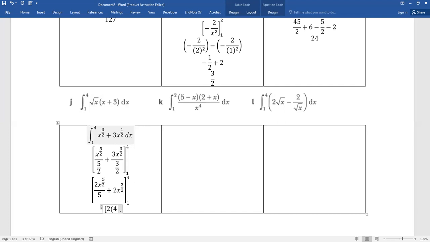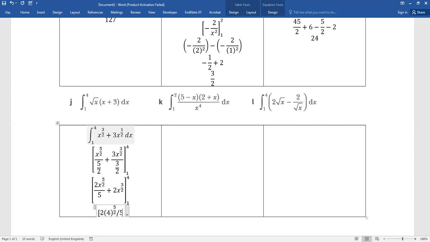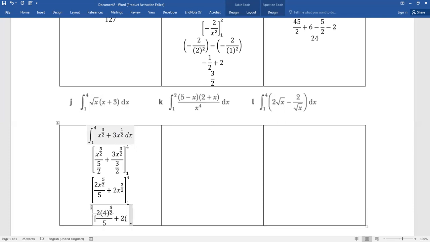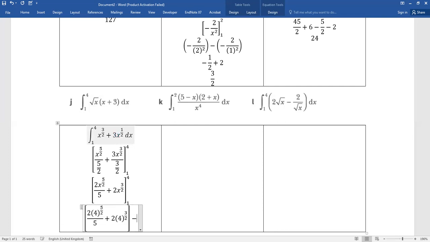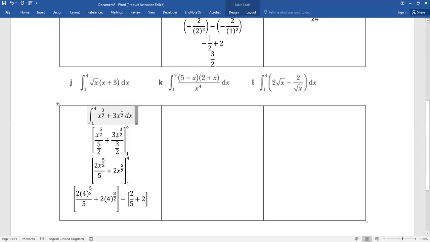Two into 4 to the power 5 over 2 upon 5 plus 2 into 4 to the power 3 over 2. This is for the upper limit minus the lower limit. When I plug in 1, everything will remain 1, so I'm just saving time. So what do you get?